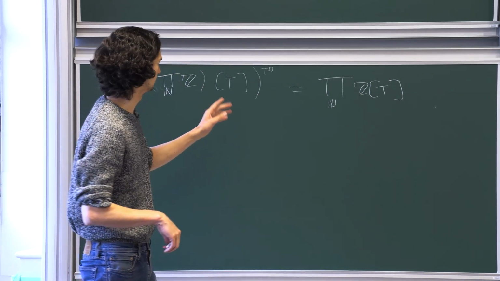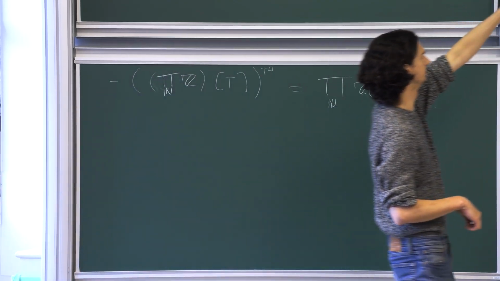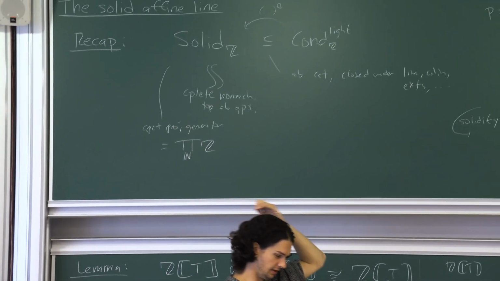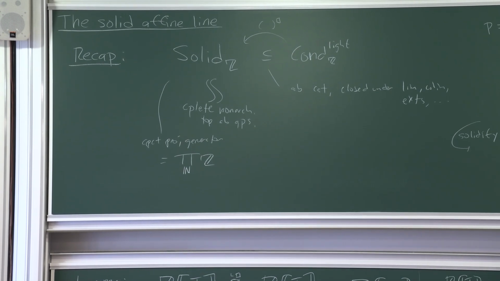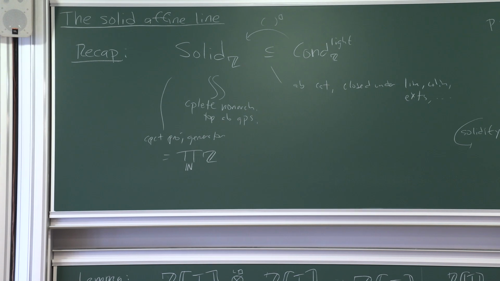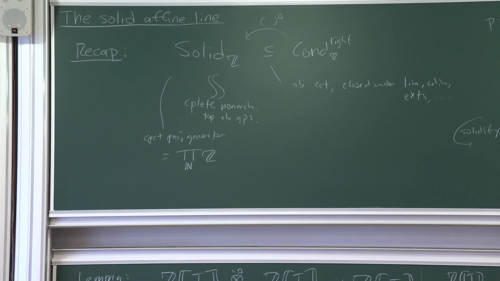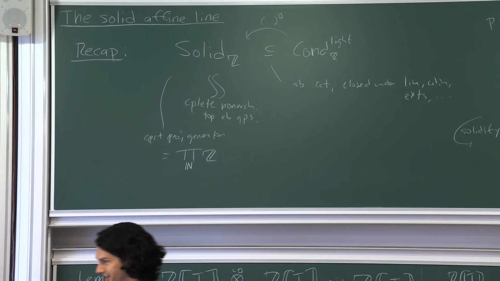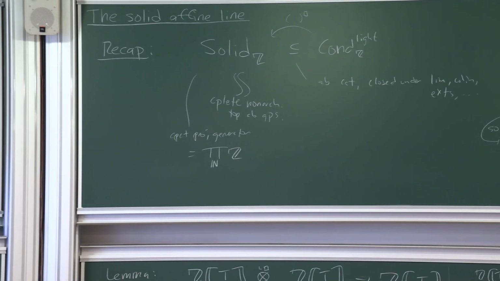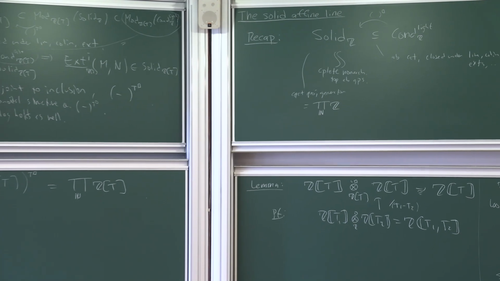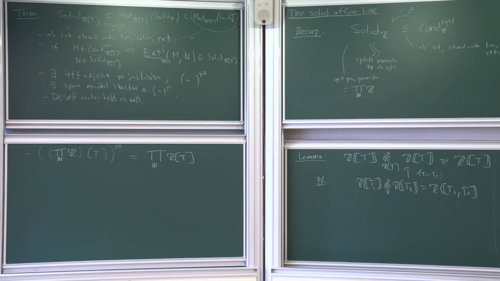So maybe a little remark about an interpretation of this. I said solid Z was kind of analogous to complete non-Archimedean topological abelian groups. Non-Archimedean means, say by definition, that there's a basis of neighborhoods of the identity consisting of abelian subgroups. So what would be the analogous interpretation of solid ZT? It would be that you have a complete non-Archimedean thing where, moreover, there's a basis of neighborhoods consisting of ZT submodules.